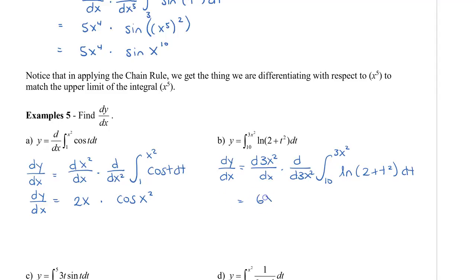So here we get 6x times the natural log of 2 plus 3x squared, squared. And just to simplify that part there, we get 6x times the natural log of 2 plus 9x to the power of 4. And that's it.